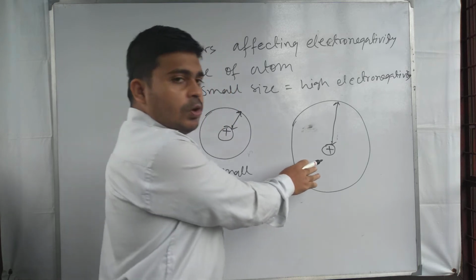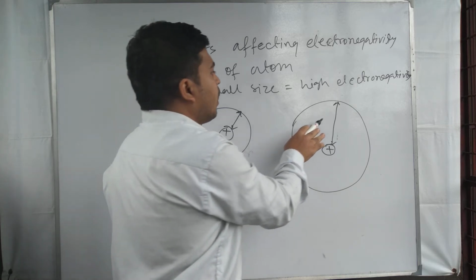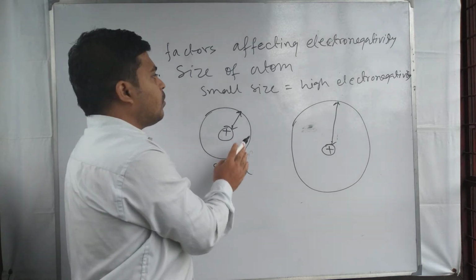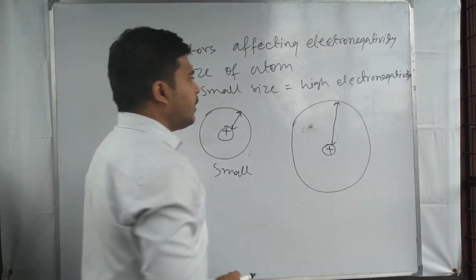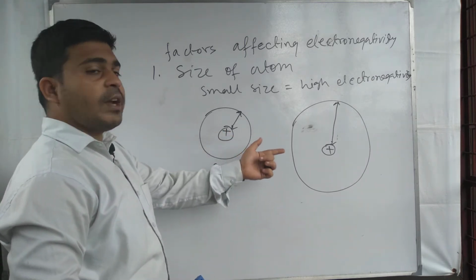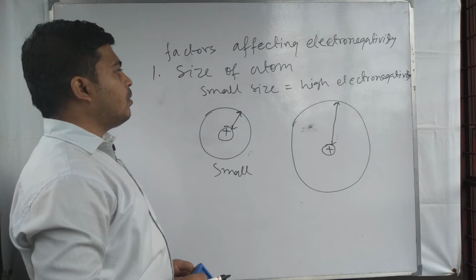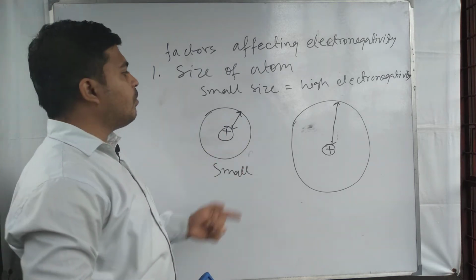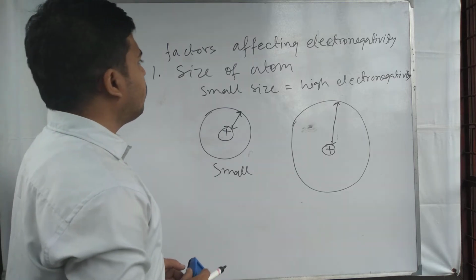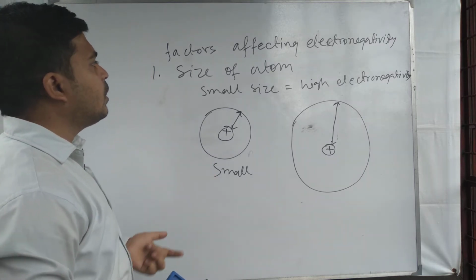For this reason, the nucleus cannot attract the electron pair present in the valence shell tightly, so the electronegativity value for a small size atom is higher compared to that of a large size atom, where electrons do not feel much attraction from the nucleus. So the size of the atom plays an important role in determining the electronegativity value. Electronegativity decreases with increase in the size of the atom, and increases with decrease in the size of the atom.